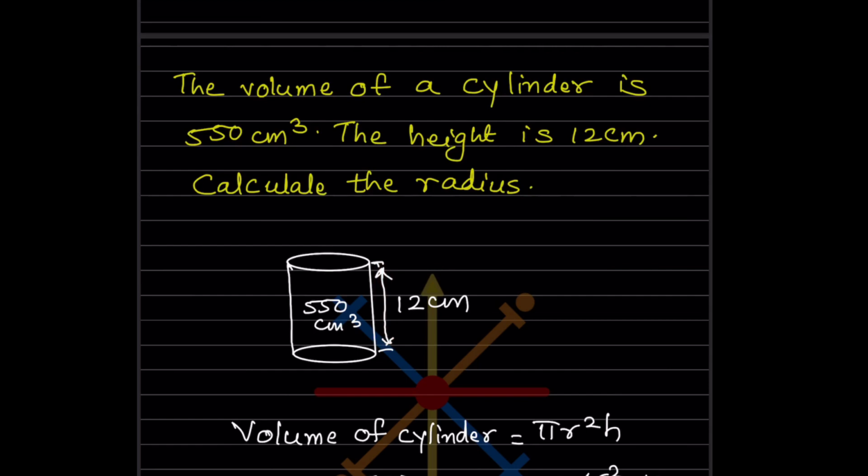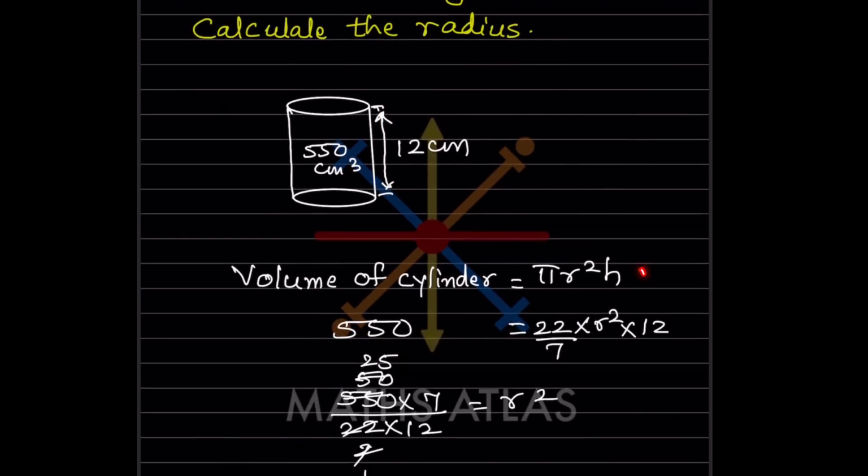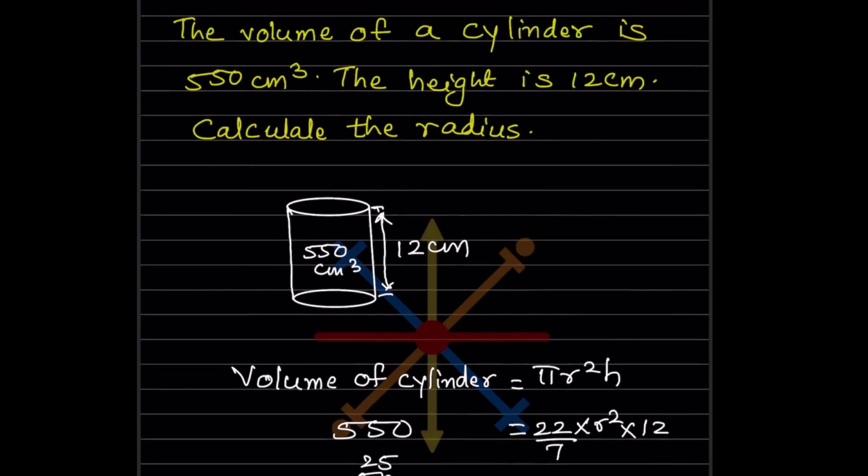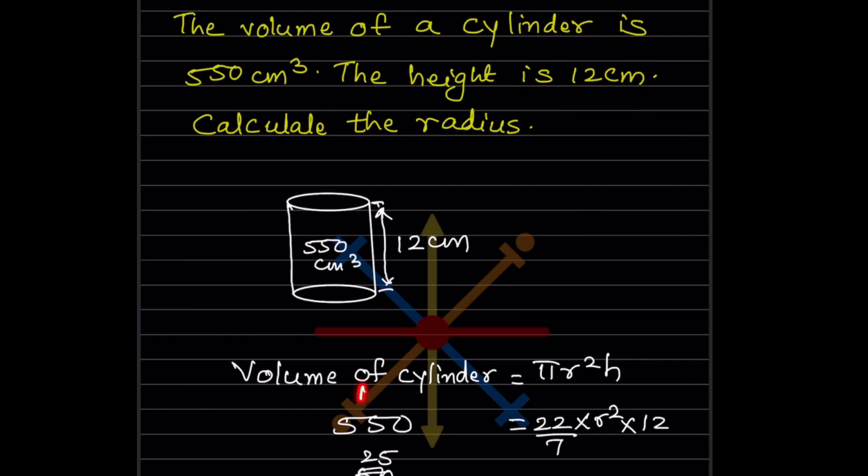So we have the formula for the volume of a cylinder, that is pi r square h, right? Sometimes they give the formula, but if they don't give it, you have to know it, so better learn the formulas. So the volume of this cylinder is pi r square h, right? And the volume is given as 550, means below this you are going to write 550. The value of pi is 22 by 7, or we can also write pi as 3.14.